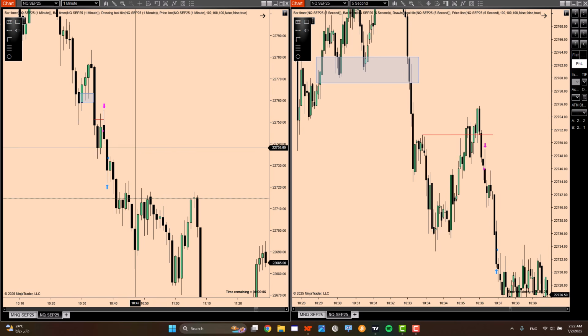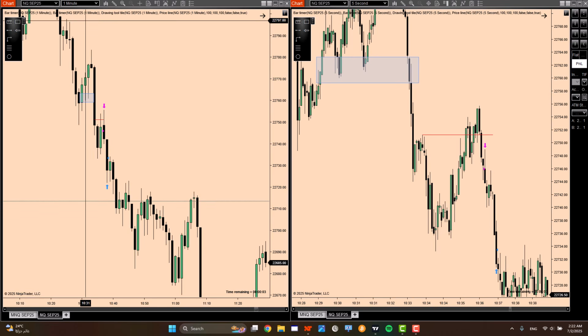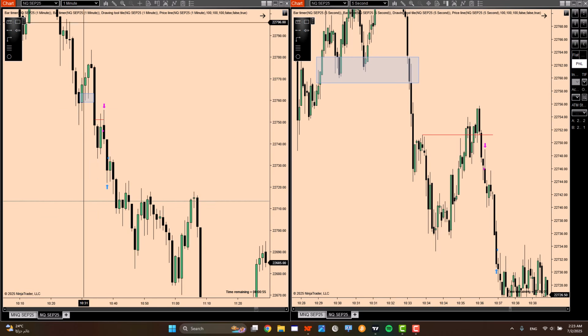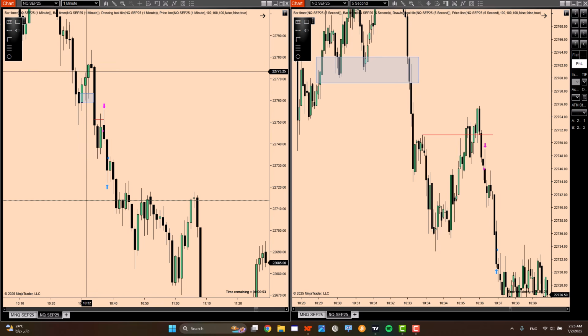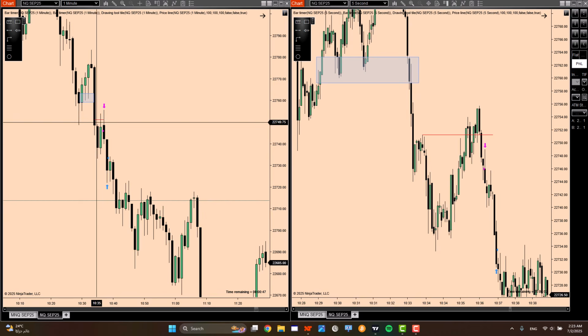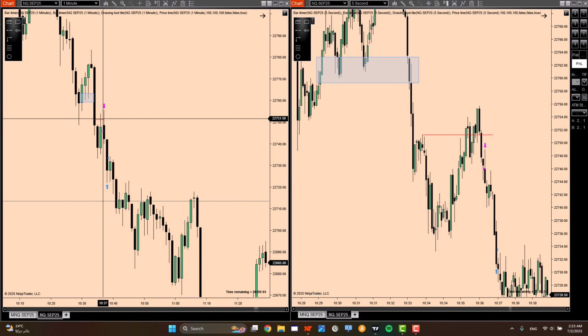I want you to notice the left side, and this is the 1 minute. Again, there is no specific time frame, but you want to look for the 1, the 2, the 3, and look for that imbalance and wait for price. When it reaches that, it pulls back to that imbalance, and then watch and observe the candles and how they react.